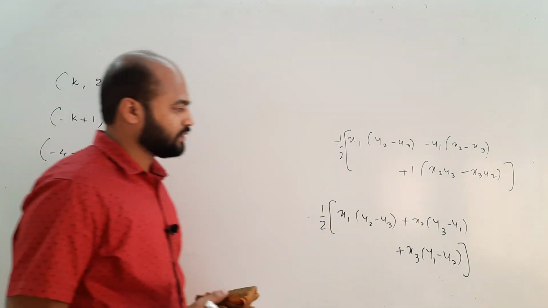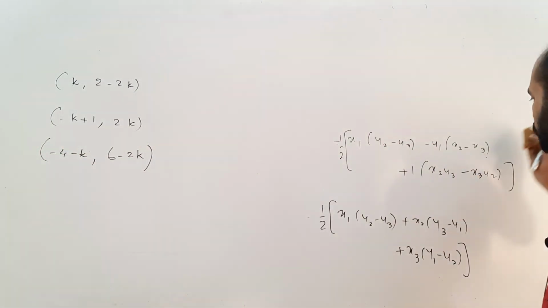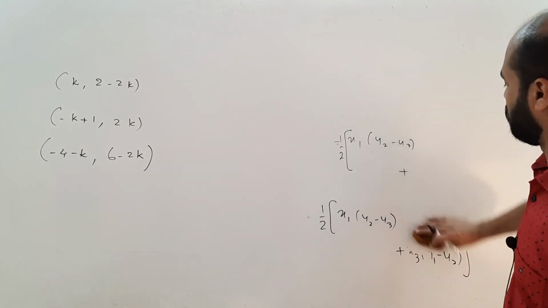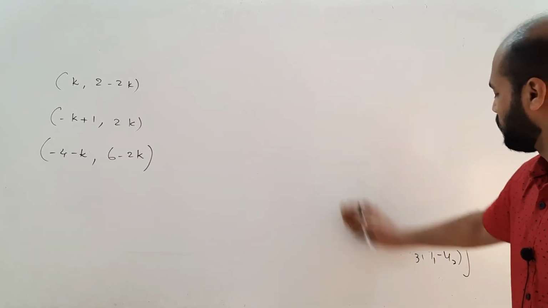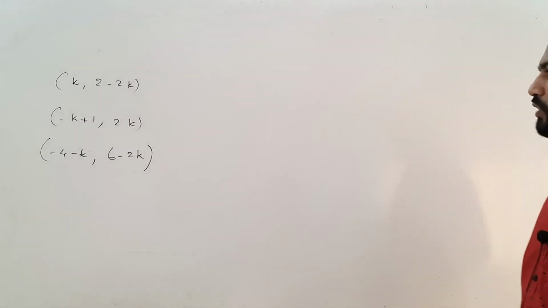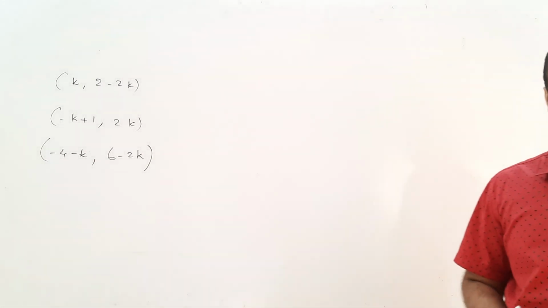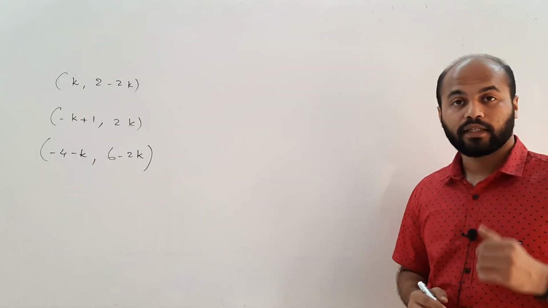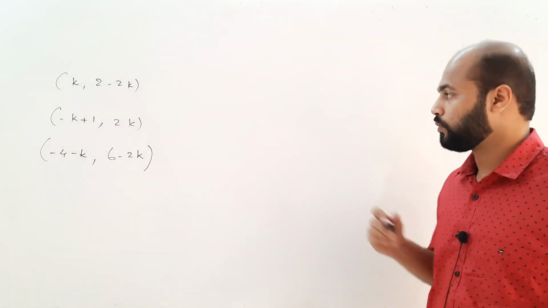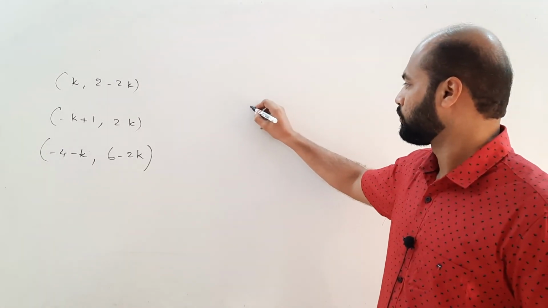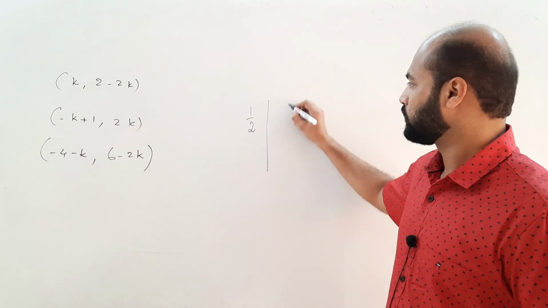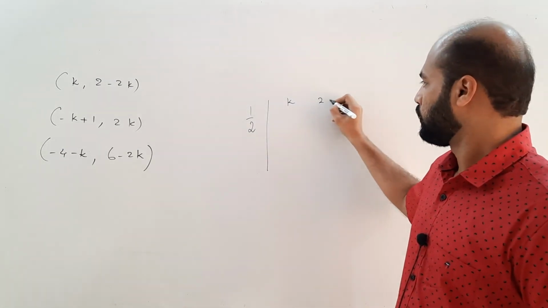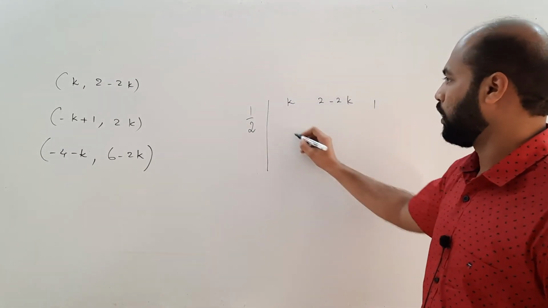So if that's the case, then for sure we can say that the determinant of these 3 points is going to be 0, because obviously if you want the 3 points to be collinear, then the area of the triangle has to be 0. So let's put up the condition: half times this determinant: k, 2 minus 2k and 1.